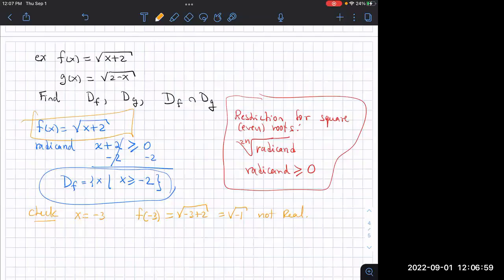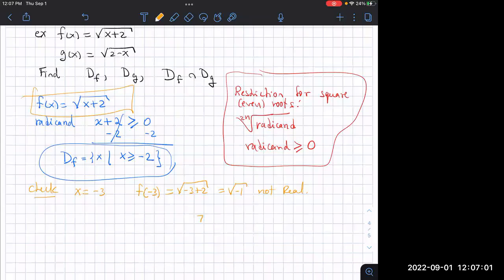Now, the difference between this being not real and, say, having 7/0, which is undefined, is that literally 7/0 cannot be defined, because any number that you put as an answer times 0 has to be 0. So that's a slight difference, okay?